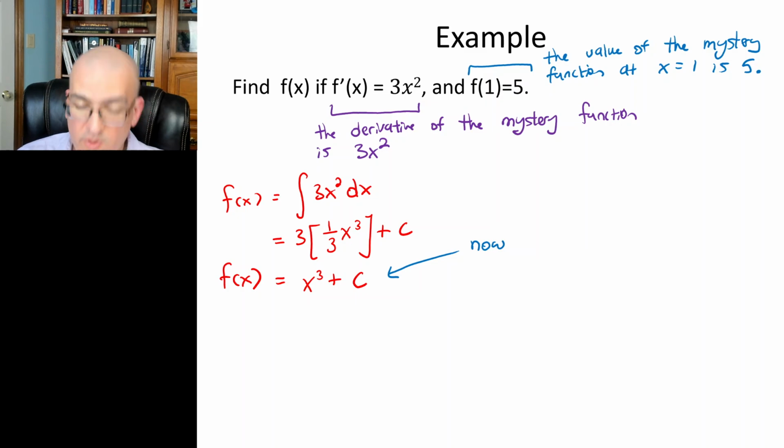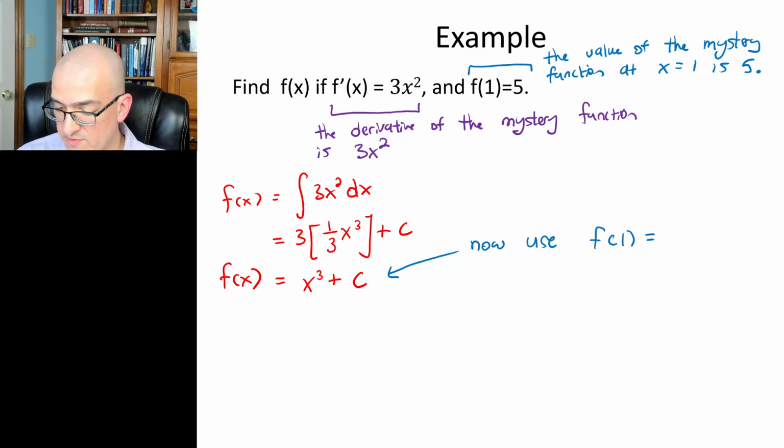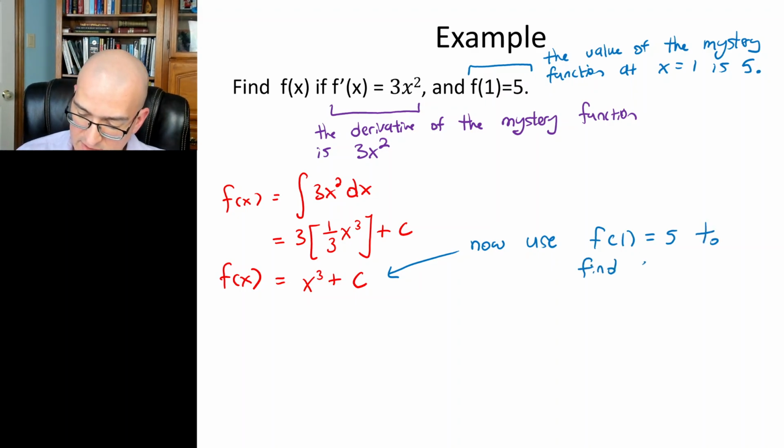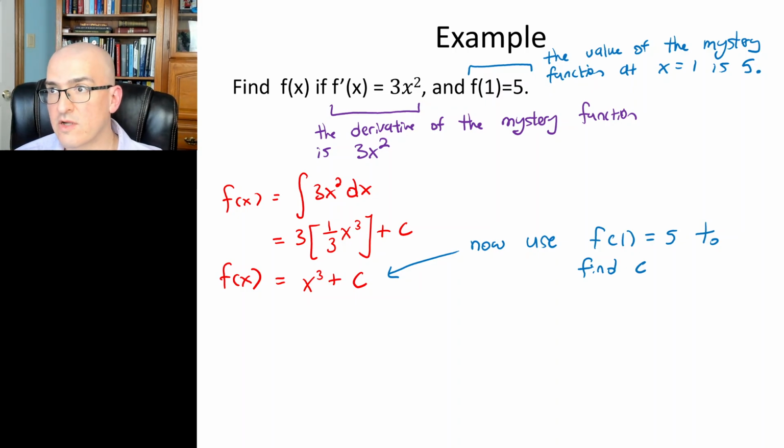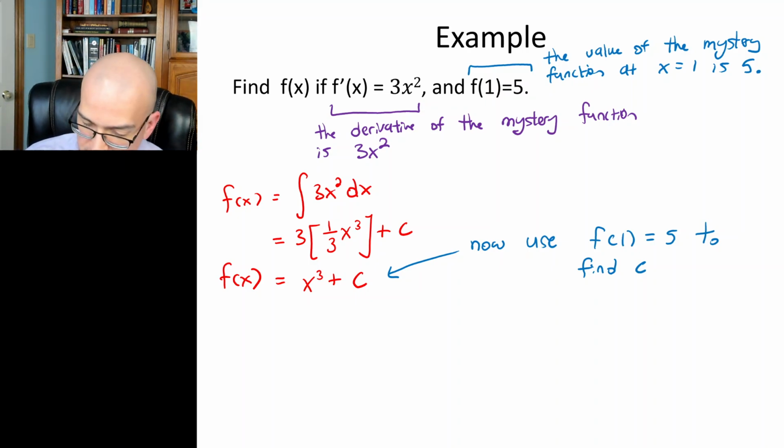Now, we're going to use the fact f of 1 is equal to 5 to find the value of c, this constant that is no longer going to be arbitrary. We're going to pin its value down using this extra piece of information. So f of 1 is equal to 1 to the power of 3 plus c.